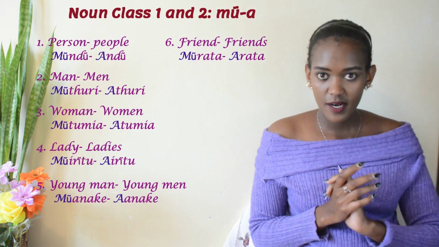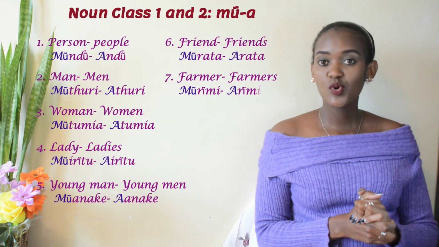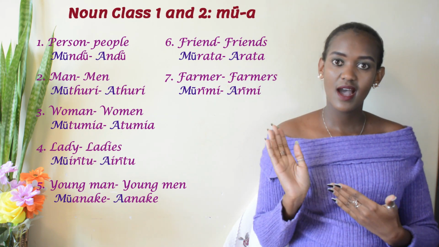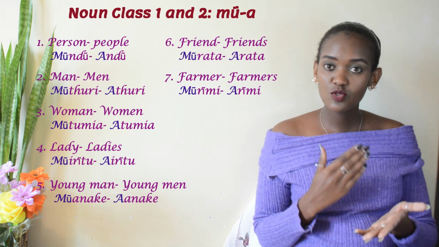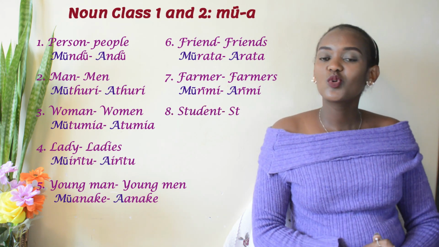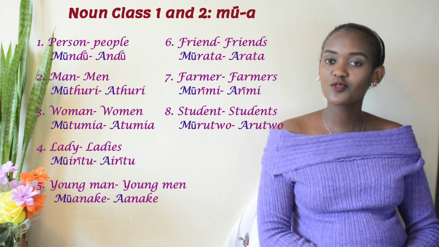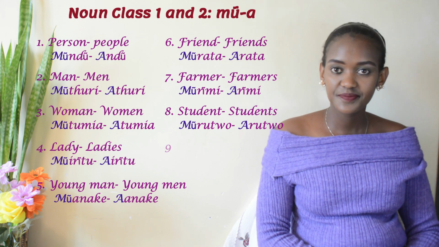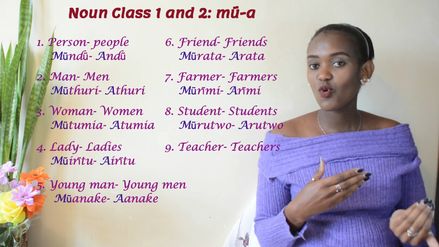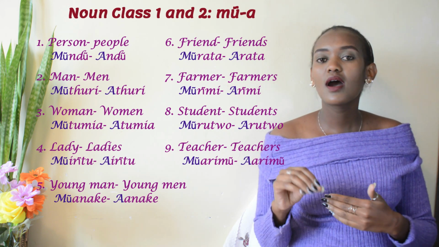We have a farmer. A farmer is muremi. So the plural will be aremi. We have a student like you, morutoa. So the plural will be arutuo. We have a teacher, mwalimu. Then teachers will be arimu.